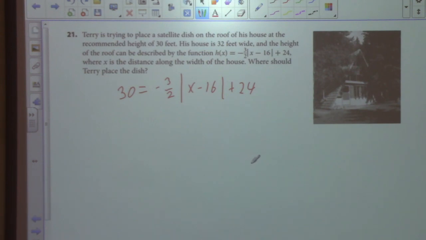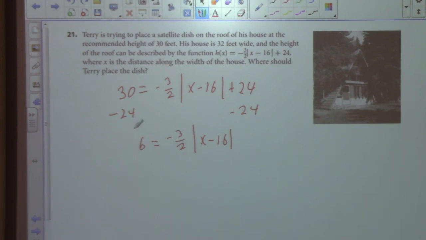Then what? Subtract 24, Marcus says. So we get 6 equals negative 3/2 x minus 16. Then what?